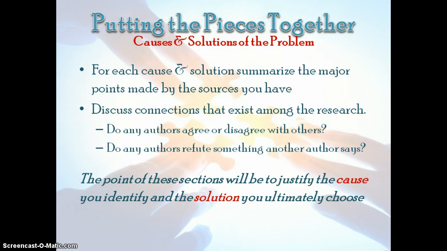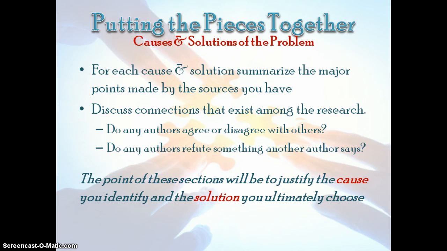The next step is to look at the causes and solutions of the problem. And you're essentially going to do the same thing for both the causes and the solutions. And I'm going to show you an example of what I mean here in a minute. But essentially what you need to do is summarize again the main points for each cause and each solution that you decide to discuss. The next thing that you want to do is then discuss the connections among the research based on those.